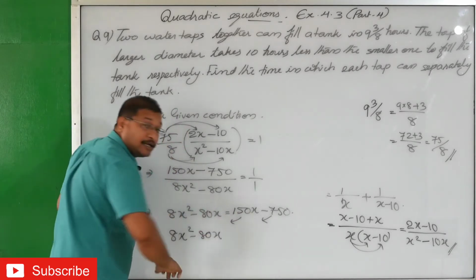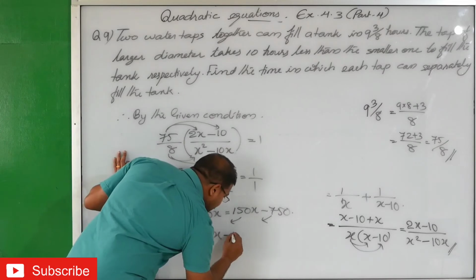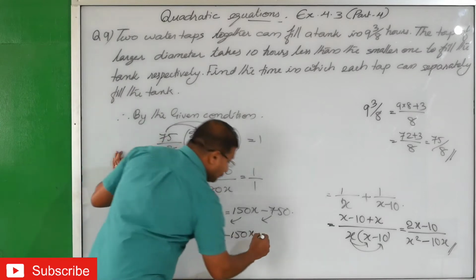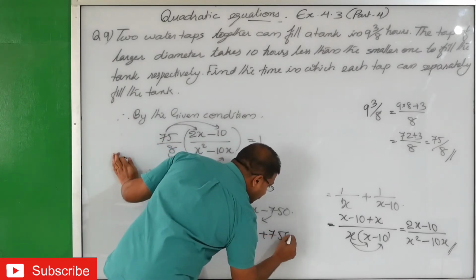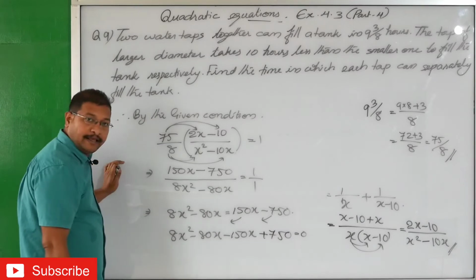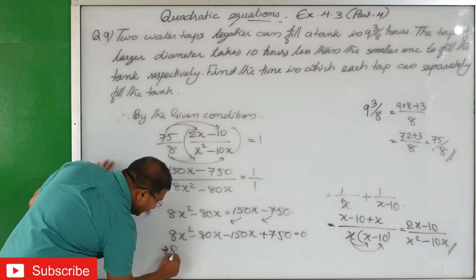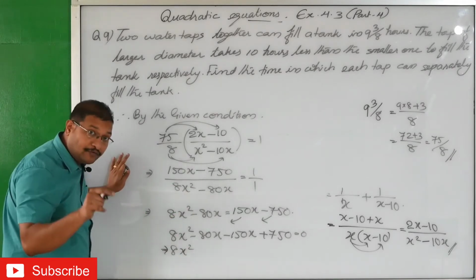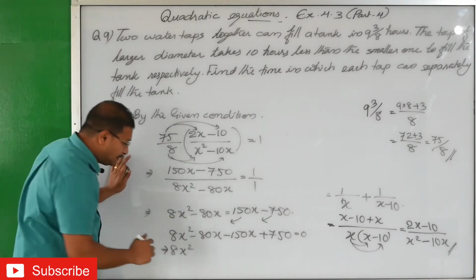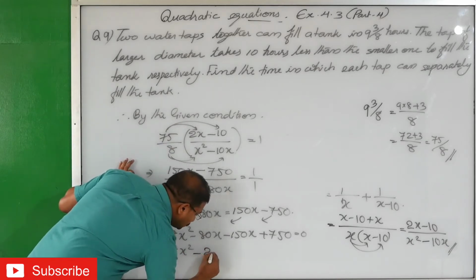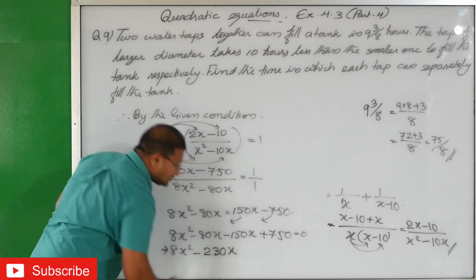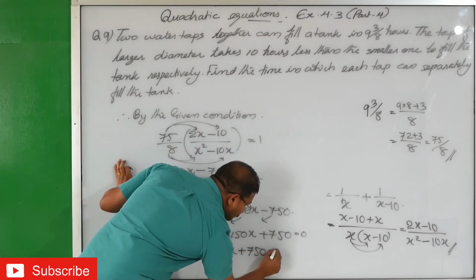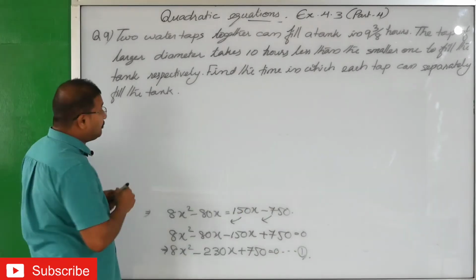So 150x comes to the next side, minus 150x, minus 750 comes to the next side, plus 750 equal to 0. This implies 8x square, minus into minus plus, that means 80 plus 150, 230. Isn't it? That means we'll get minus 230x plus 750 equal to 0. Equation number 1.